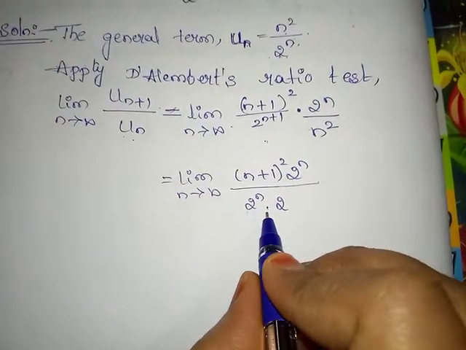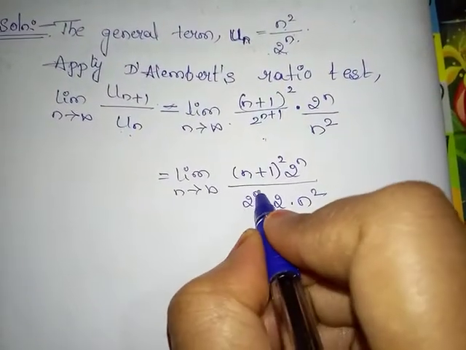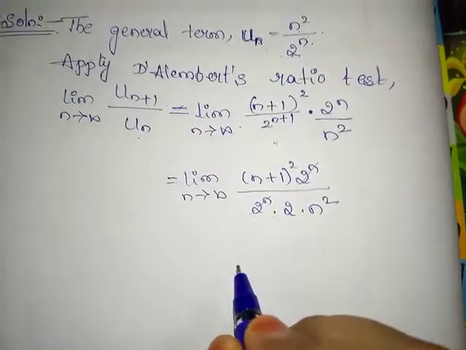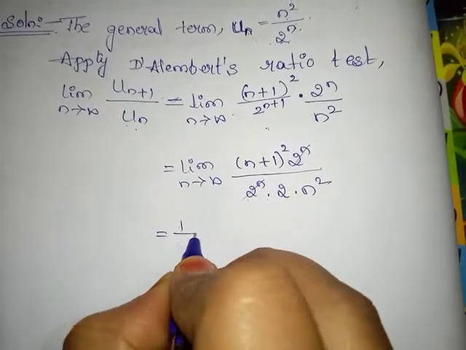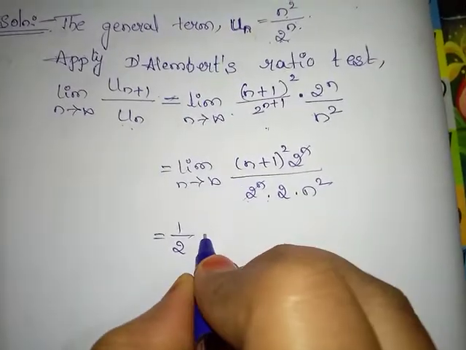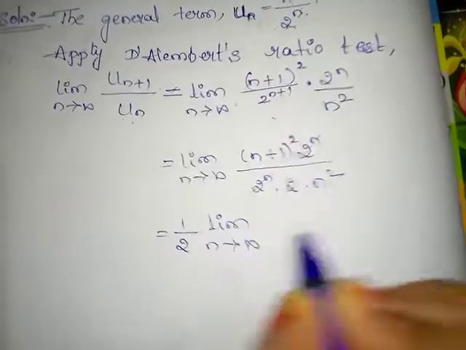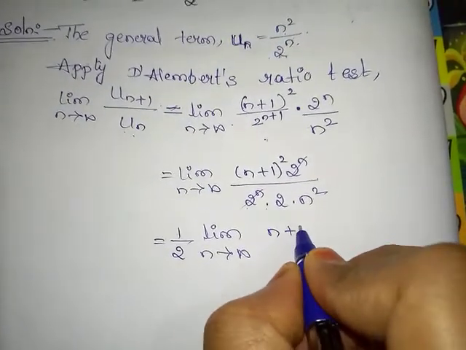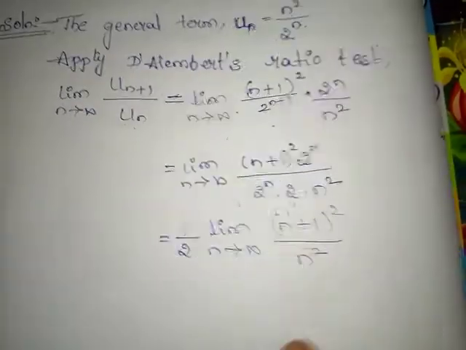Therefore it is 2 raised to n into 2 into n square. Then this 2 raised to n cancels with the numerator 2 raised to n. Here 1 by 2 is a constant. You may take this constant outside the limit: 1 by 2 into limit n tends to infinity. The remaining is (n plus 1) whole square divided by n square.